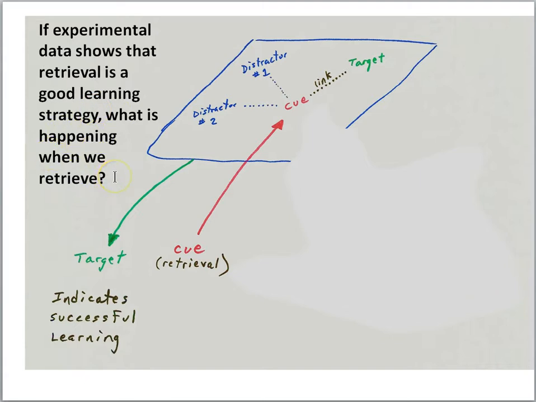So if experimental data shows that retrieval is a good learning strategy, what is happening when we retrieve? In another lesson on retrieval practice, I go over some of the evidence that retrieval practice really does lead to benefits in retention at longer retention intervals. So what's going on? Why does retrieval practice have this beneficial effect?